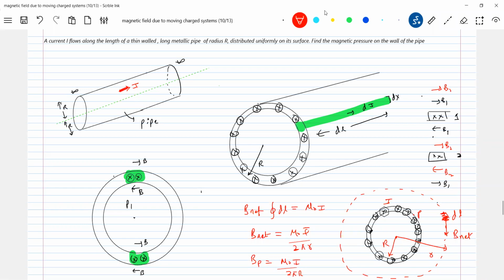So how has mu naught I by 2 pi r come about? Let me break it up here. These two fields will contribute, no? B1 and B2 together they contribute. When they both contribute, what happens? It becomes mu naught I by 2 pi r. Are you able to get that logically?